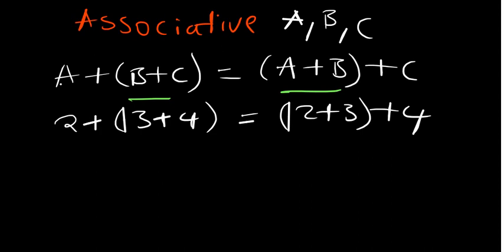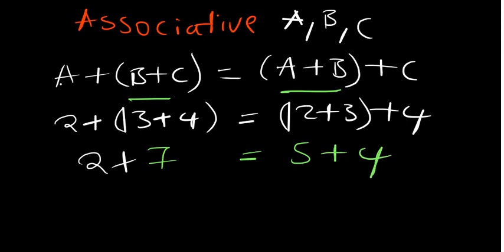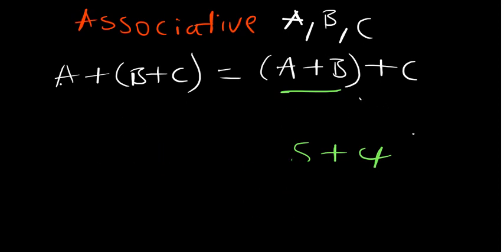Do you guys agree that our result is going to be the same? And the difference is, you get to start with what is in the brackets. So here you have a 7. The other part you have a 5 plus 4. Are these not going to give us the same solution? So that property is what we call associativeness.